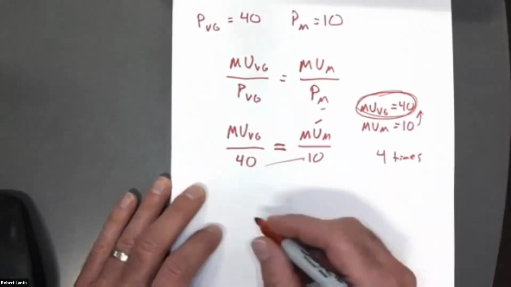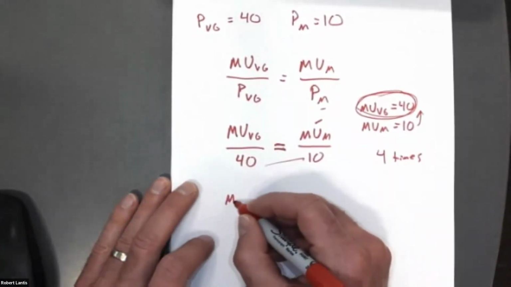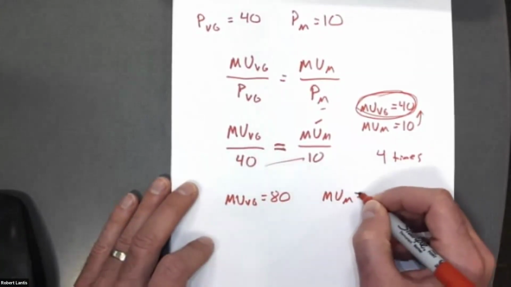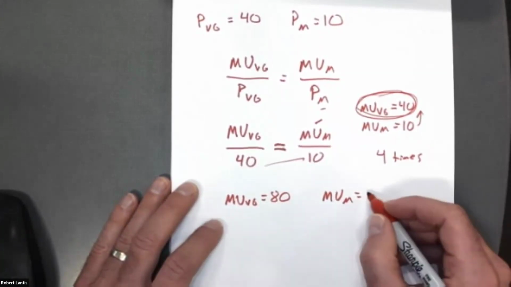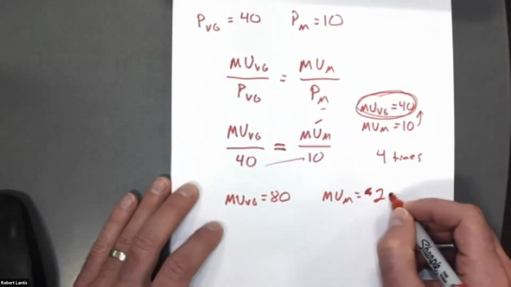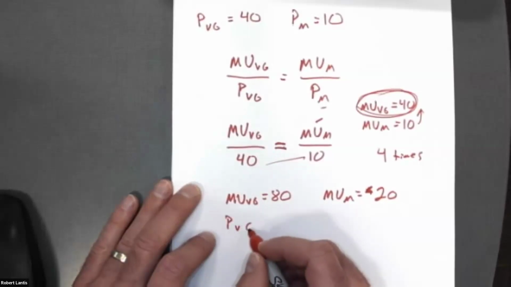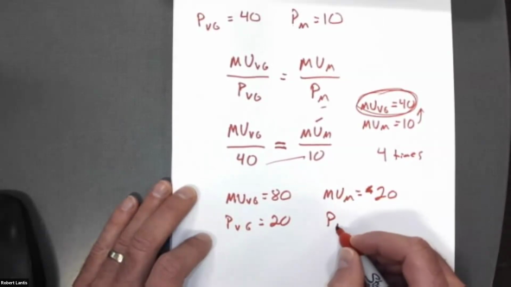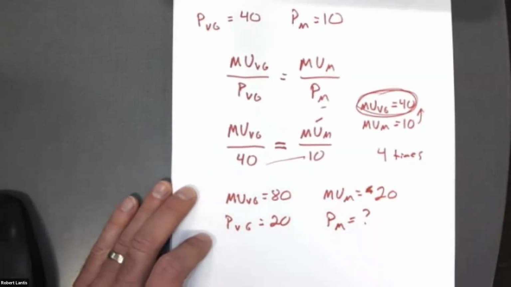So maybe I would do something like this. Let's say the marginal utility of the last video game was 80, the marginal utility of a movie ticket was 20, and I told you the price of a video game was 20. And then I ask, what's the price of the movie ticket?